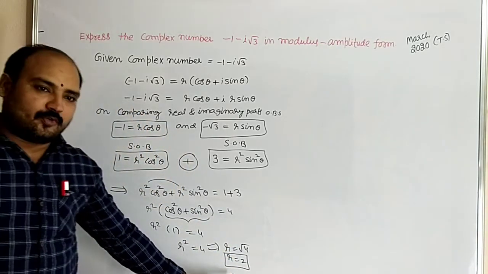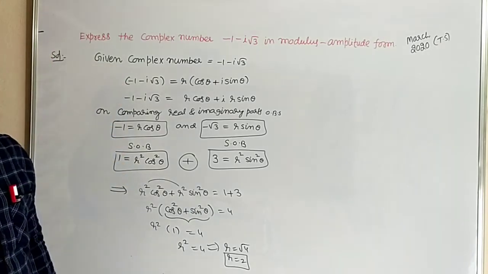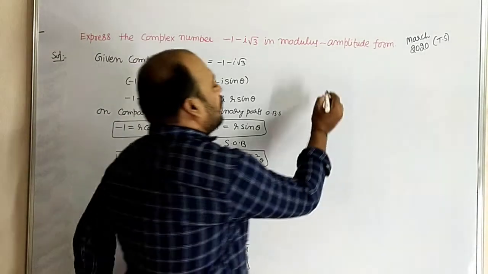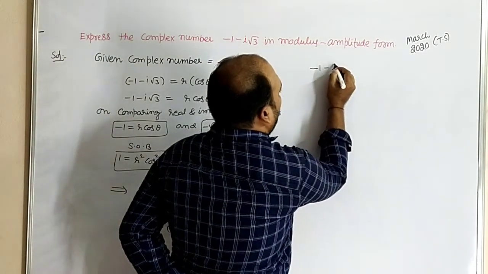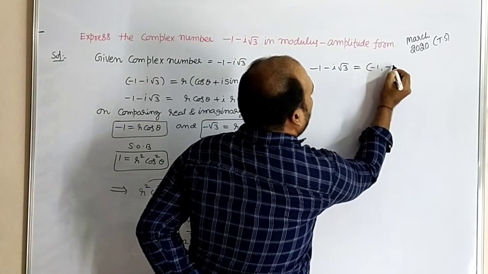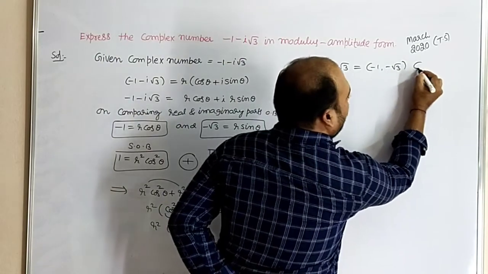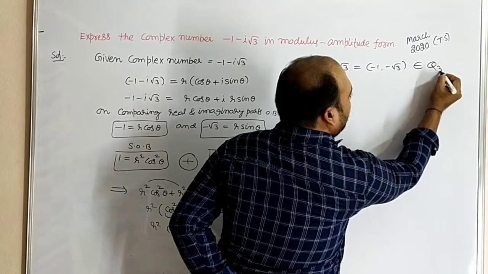After getting the value of r, you decide which quadrant the given complex number belongs to. Minus 1 minus i root 3 can be written as minus 1 comma minus root 3. Both the x coordinate and y coordinate are minus, therefore that belongs to quadrant 3.